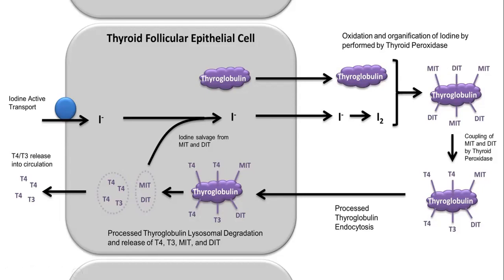The peroxidase then combines MIT and DIT to generate T4 or T3 species within the thyroglobulin protein. We call this coupling. What enzyme is responsible for this? The thyroid peroxidase. When MIT couples with DIT, it produces T3. When DIT couples with another DIT, it produces T4.